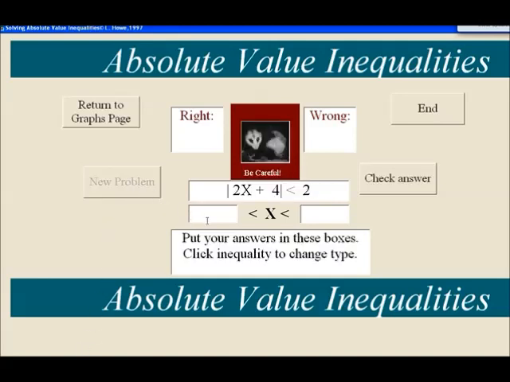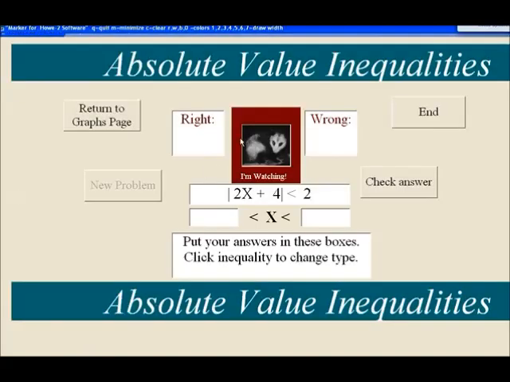Press new problem. Now look, it says absolute value is less than. So right here with the absolute value less than, I know it's going to be a sandwich. It's going to be 2 endpoints, and it's going to be everything in between. And my job is to just find those 2 endpoints. So let's see.